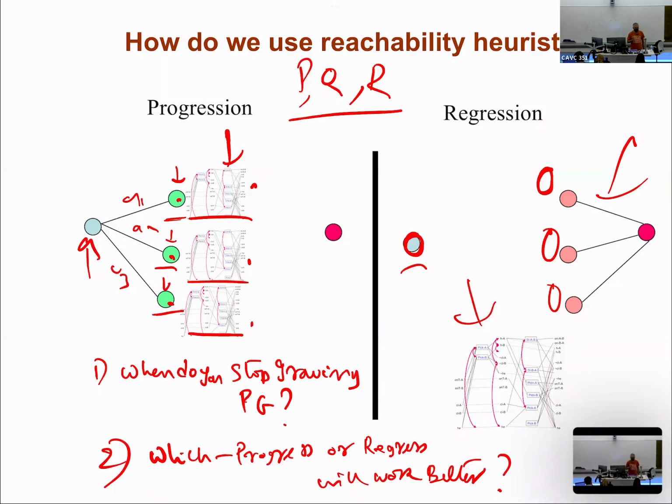But you are checking whether the goals are present in this planning graph. If you are normal lucky, people would give you planning problems to solve that are actually solvable. Agreed? Which means the original goal state is actually feasible.